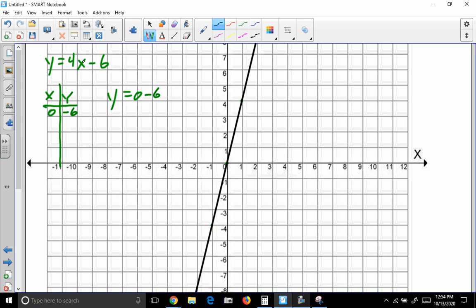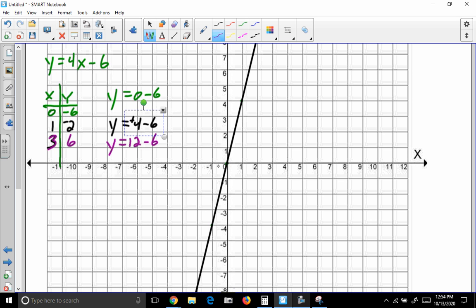If we put a 1 in for x, if we replace x with 1, 4 times 1 is 4, minus 6, those have opposite signs, so we subtract them, take the sign of the bigger. And then if we put, let's say, a 3 in, we would get y equals 4 times 3 is 12, and then minus 6, which is 6.